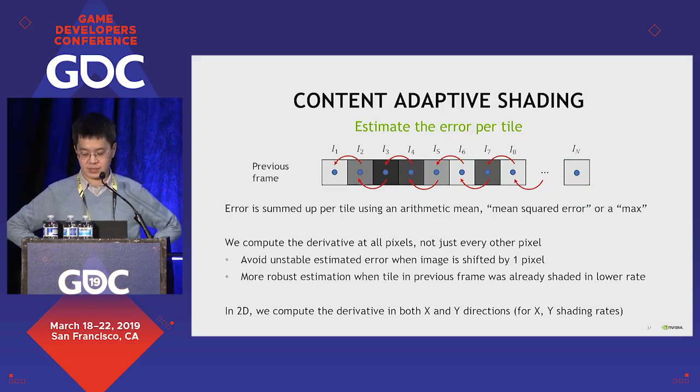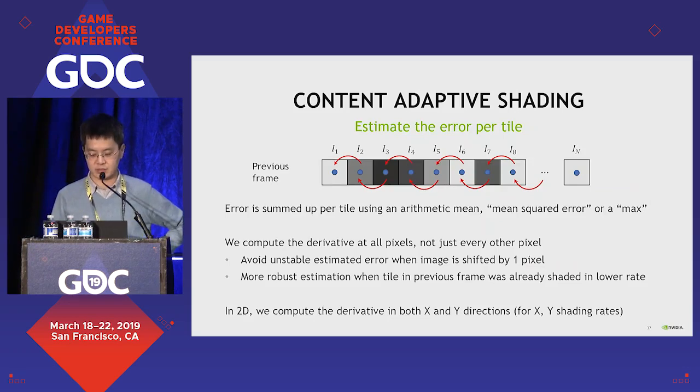Another reason is that if we only count on the derivatives at every other pixel, then the previous frame's derivatives would vanish when it was already shaded in half rate. Using the derivatives at all pixels gives us a more robust estimate in this case. And now we have the 1D case.